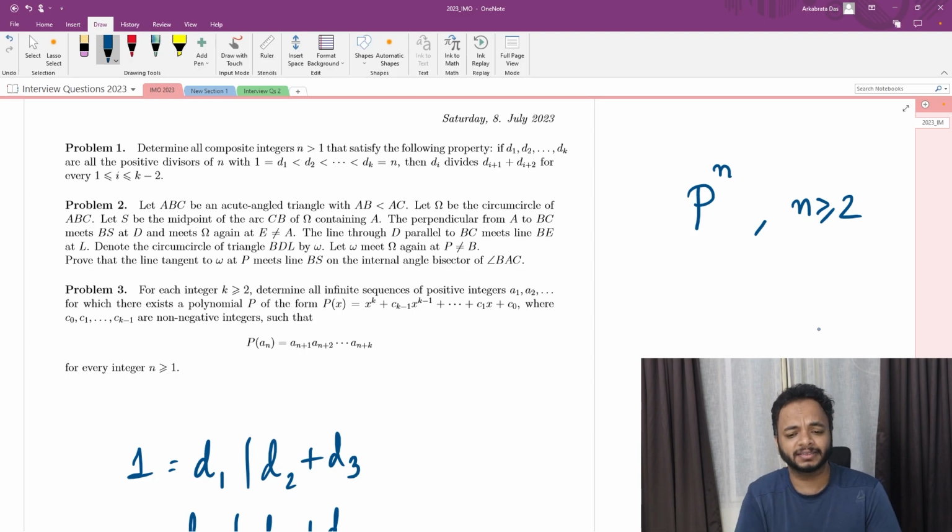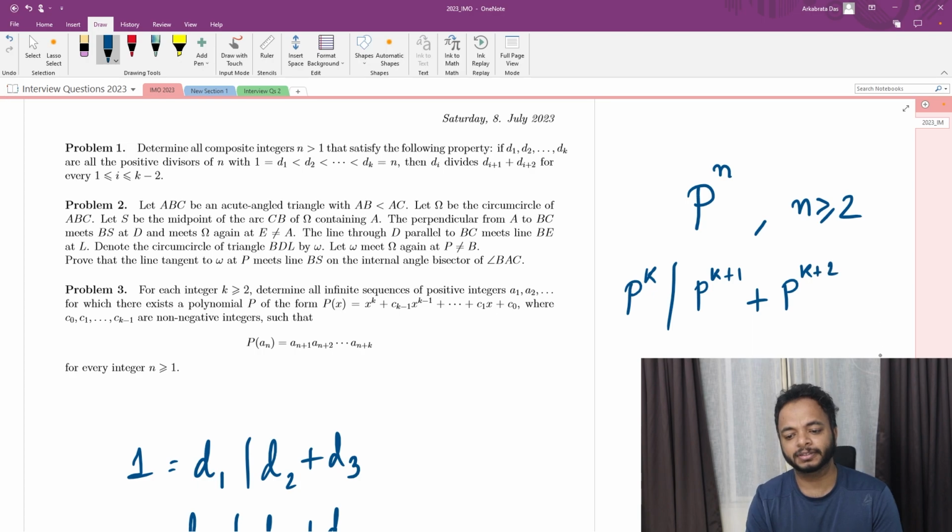Not only does each successive divisor divide the next one, but also the sum of the next two divisors is divisible by the previous one. You can see that p^k divides p^{k+1} plus p^{k+2}, because you can take p to the power k common from there easily.